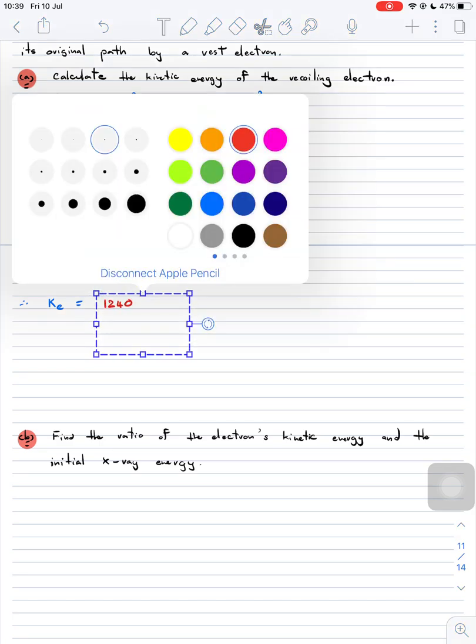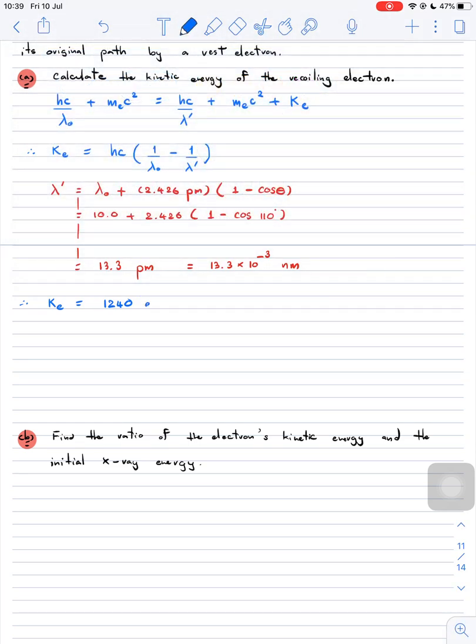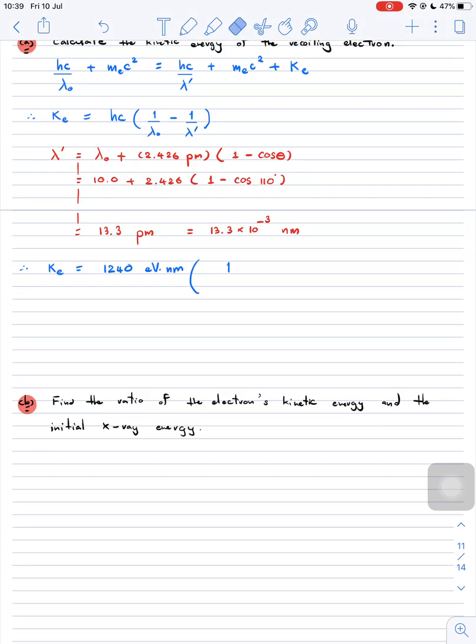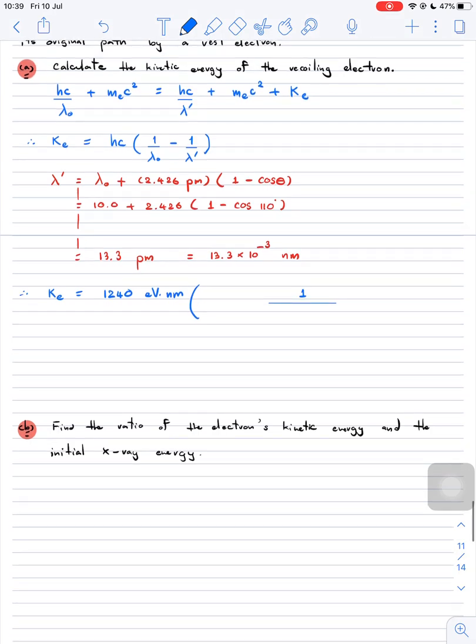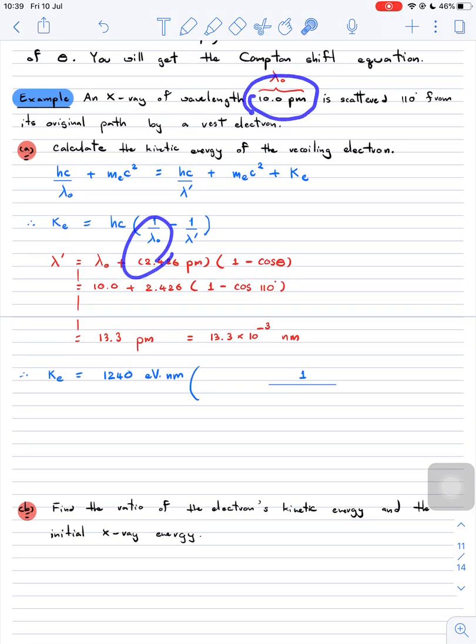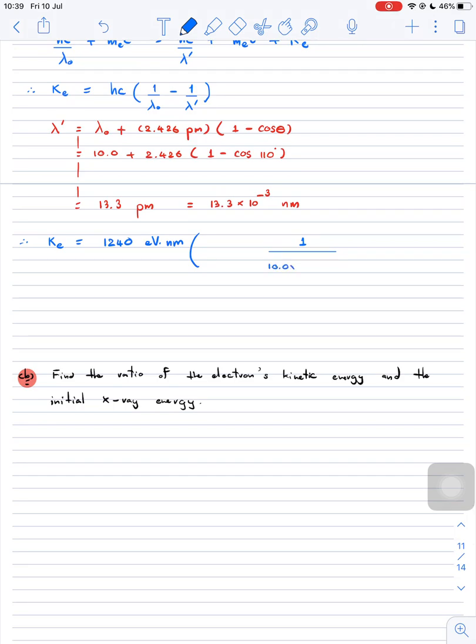So then we have 1240 electron volt nanometer, times 1 over lambda naught, which is 10.0 picometer, or 10.0 times 10 to the negative 3 nanometer, minus 1 over lambda prime, which is 13.3 times 10 to the negative 3 nanometer.